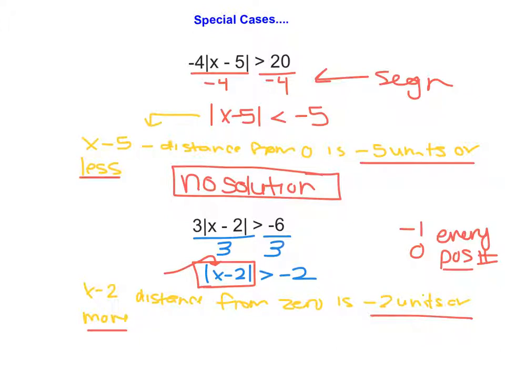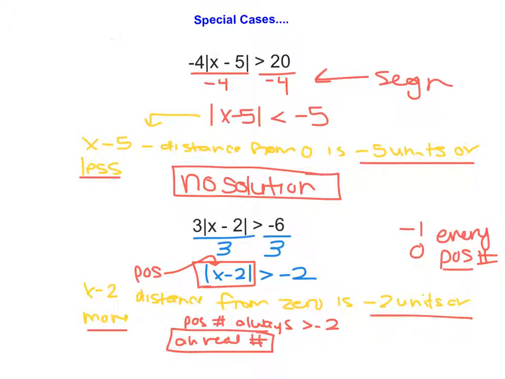This will always produce a positive, and a positive number is always greater than negative 2. And as a result, in this case, this is an all real numbers solutions case. So be on the lookout. There might be a no solution or an all real number solutions hidden inside of these absolute value inequalities.